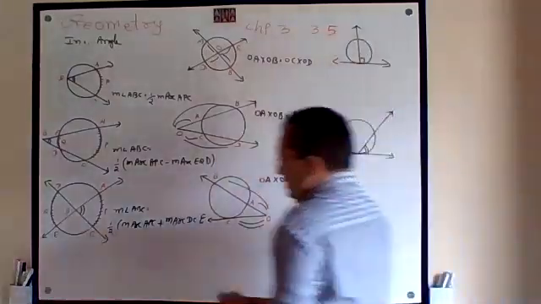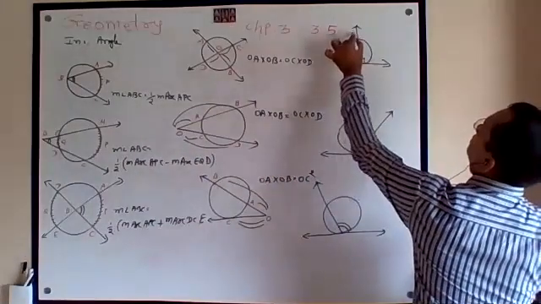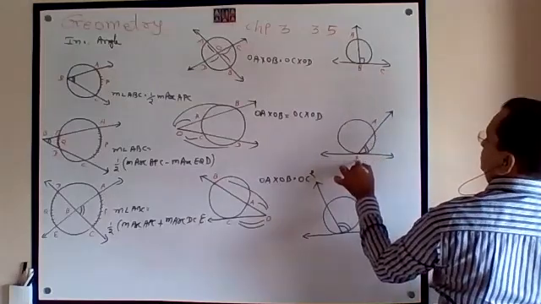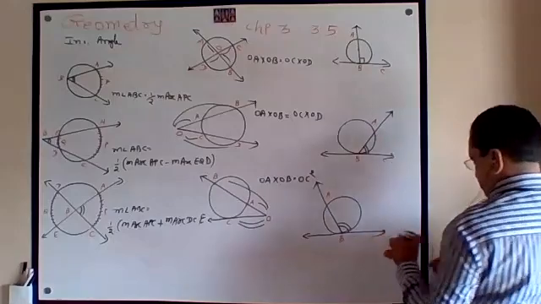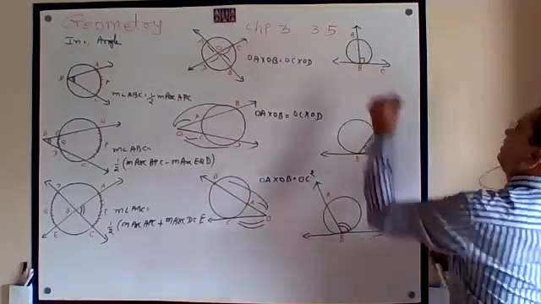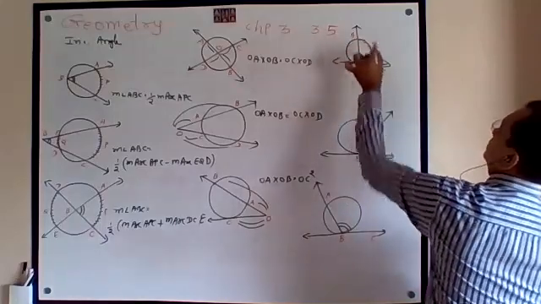Again I am writing the name of the angle as ABC. Now it is inscribed by this arc, so APC.